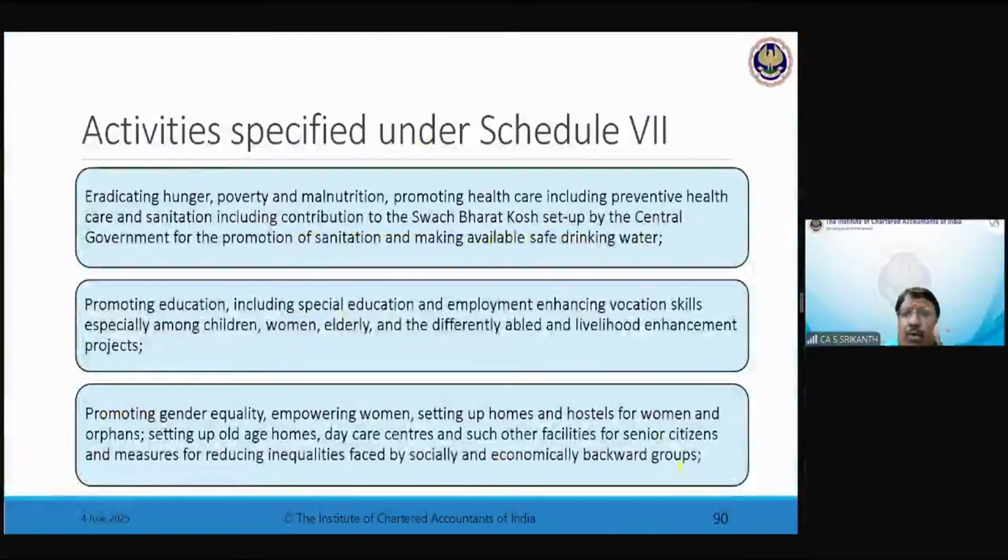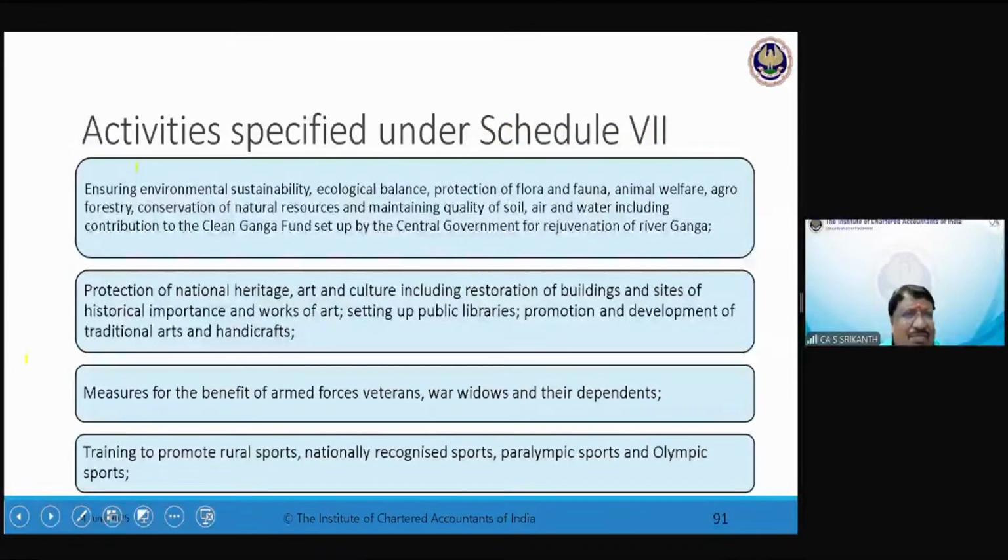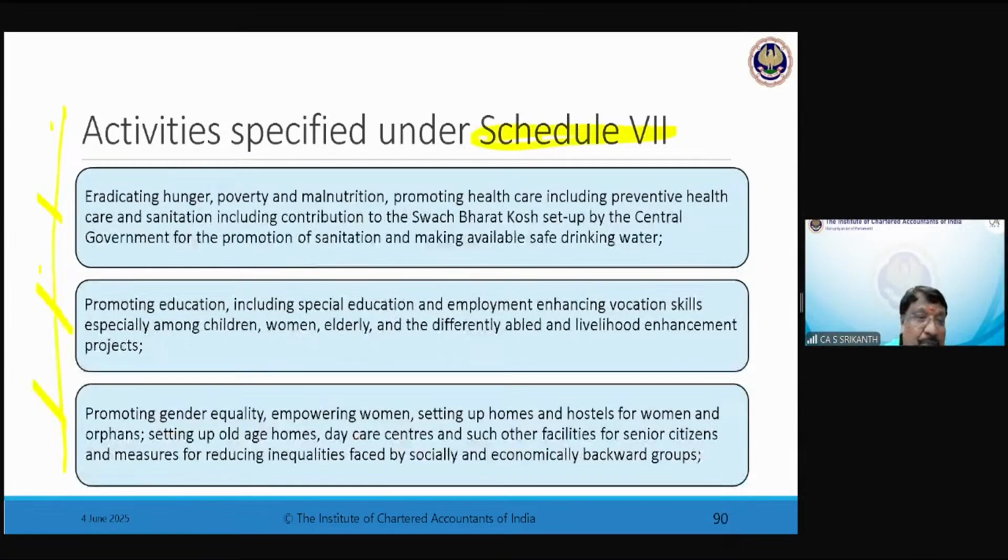Now, Schedule 7 provides certain activities. I'm not going to go through it fully. It is there in the institute material. It's all laudable goals, nothing great. Many varieties are there. A company need not restrict itself to education or medical.